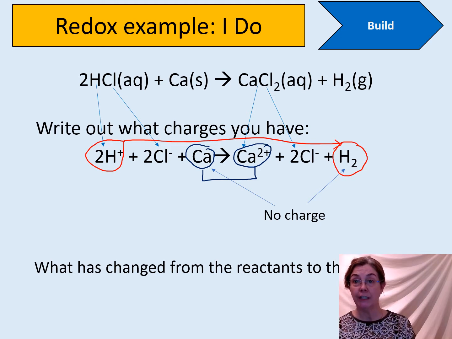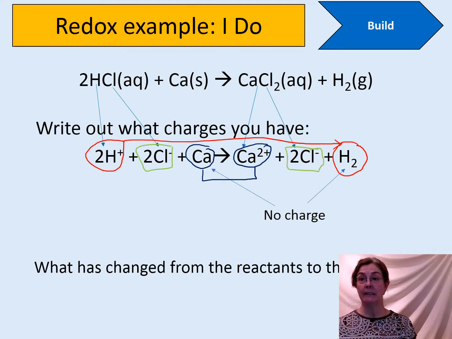What hasn't changed are the chloride ions. They have stayed as chloride ions on the reactant side and the product side, so they're spectator ions and we don't have to worry about those. But now we've identified the two parts of this that have changed, and now we can decide which change is oxidation and which change is reduction.